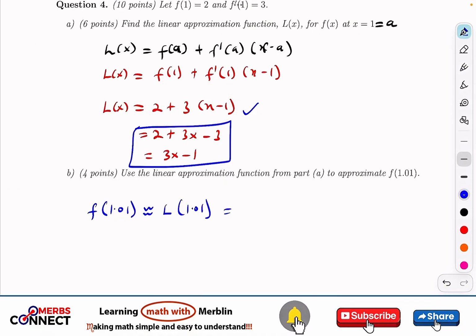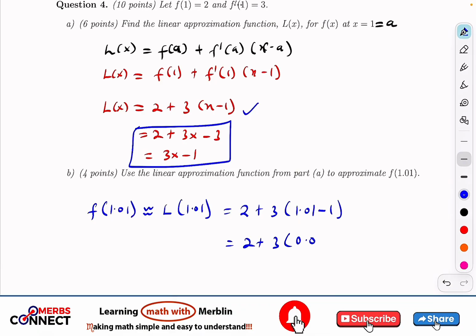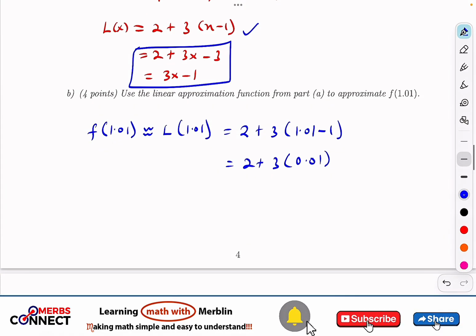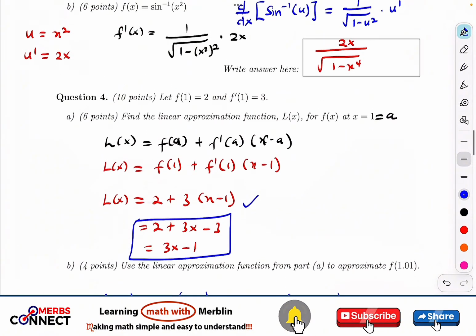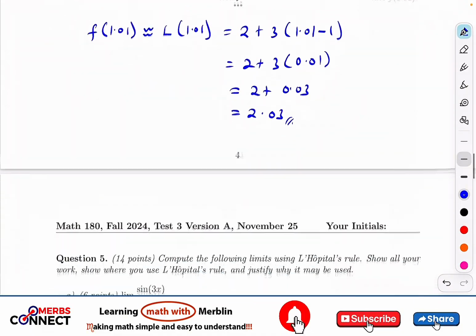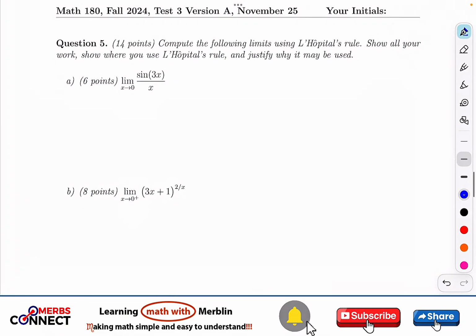This is going to be 2 plus 3 times 1.01 minus 1, which is 2 plus 3 times 0.01. This is the same as 2 plus 0.03, and this is 2.03 as the linear approximation here. Yes, so this is what we are going to get for question 4.